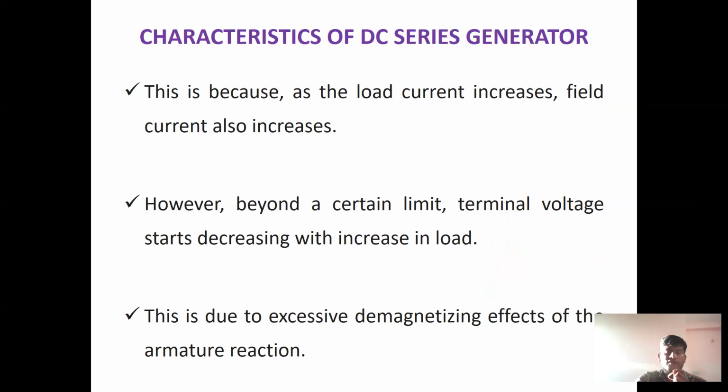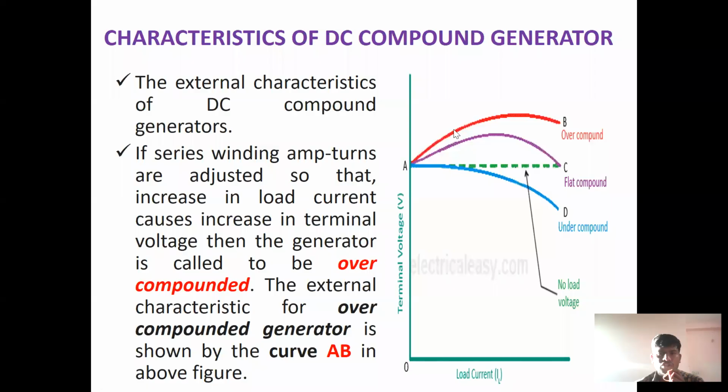So if load increases, series field current increases, and the armature current also increases. In the external characteristics, when the voltage reaches a certain limit, it decreases again as the load current increases. This is simply due to excessive demagnetization effect. These are the characteristics of DC series generators.